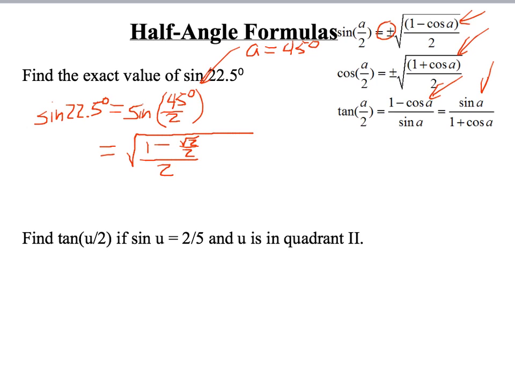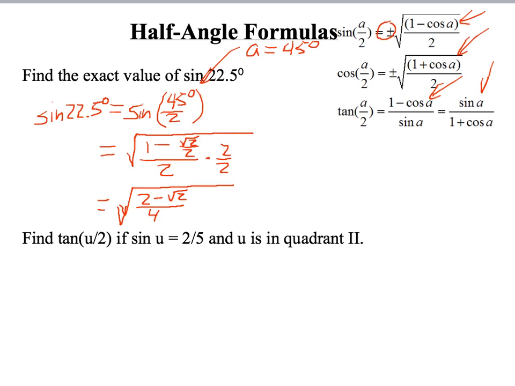Alright, so what we need to do here is clean this up. I'm going to multiply both top and bottom of this by 2 over 2 to clear the fraction inside a fraction. When I do that, I get the square root of 2 minus the square root of 2, all over 4.